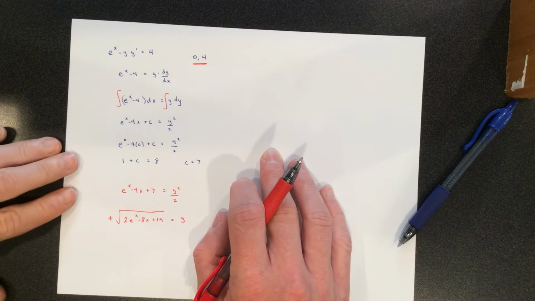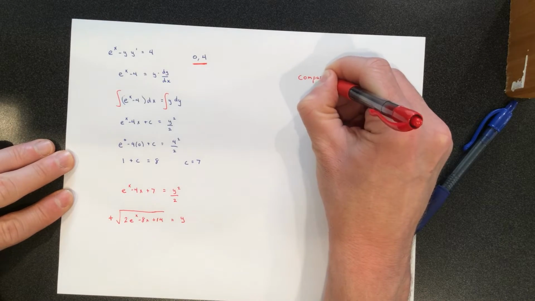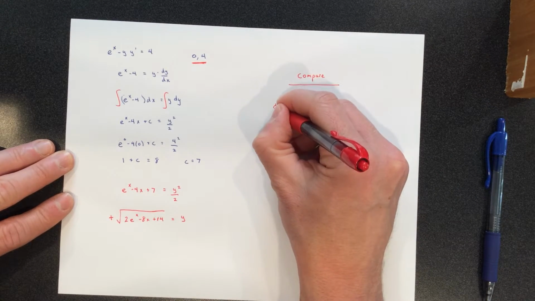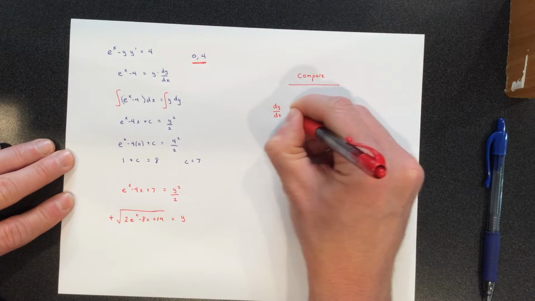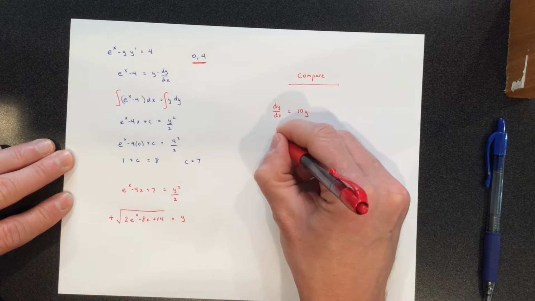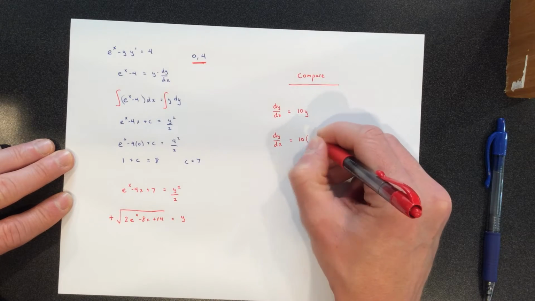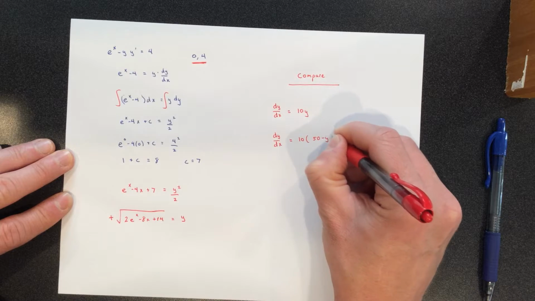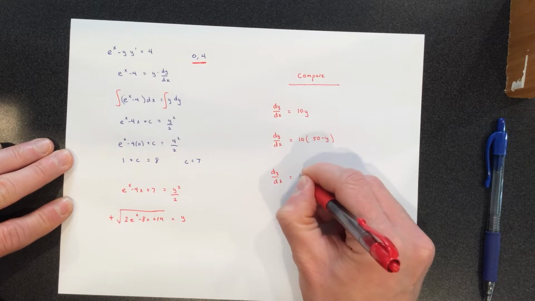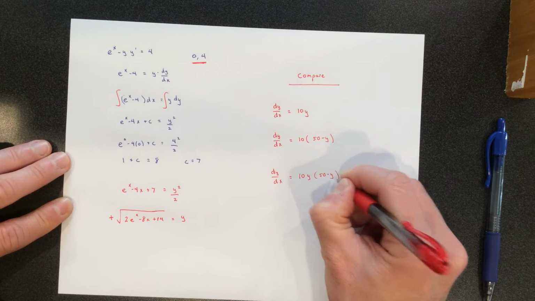And the last thing I want to do, I don't even want to necessarily solve a differential equation, but I just want to compare and just remind you. And it would kind of depend on the order in which you watch these videos. But dy dx equaling 10y, dy dx equaling 10 times 50 minus y, and dy dx equals 10y times 50 minus y.